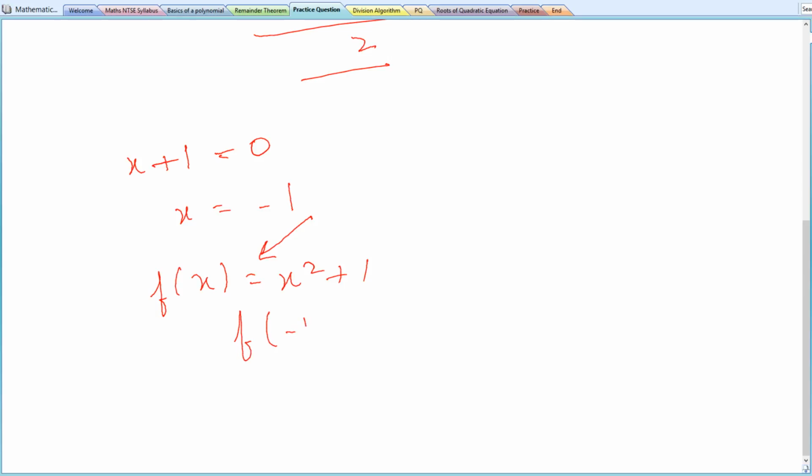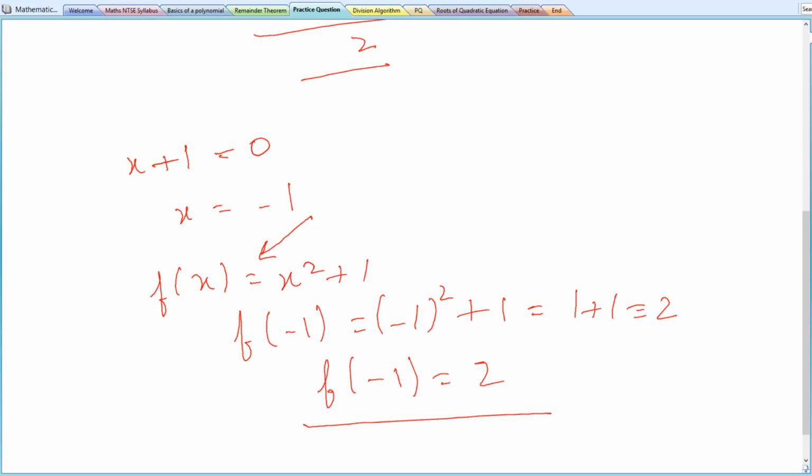So f(minus 1) is equal to (minus 1) whole square plus 1, which is 1 plus 1, which is 2. What this tells me is f(minus 1) is equal to 2. So by the remainder theorem, this value f(minus 1) is equal to 2 is the remainder we get when we divide f(x) by x plus 1, which we just saw is true.